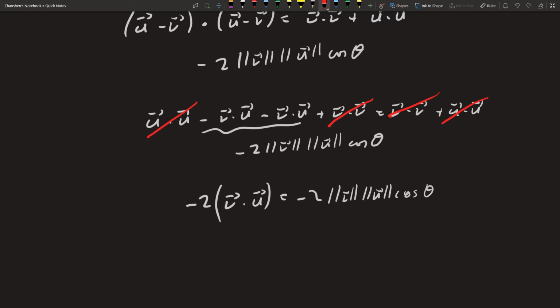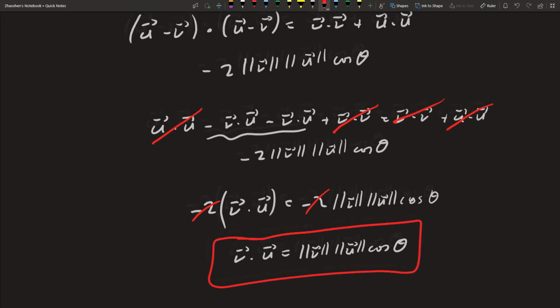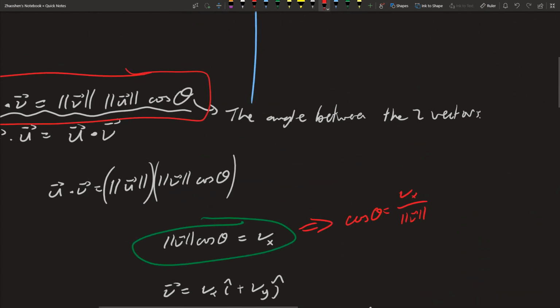And then this negative 2 cancels out, and our result is vector v dot vector u is equal to the magnitudes multiplied by each other times cosine of the angle between those vectors. Now, this is the proof of the statement that I wrote here.